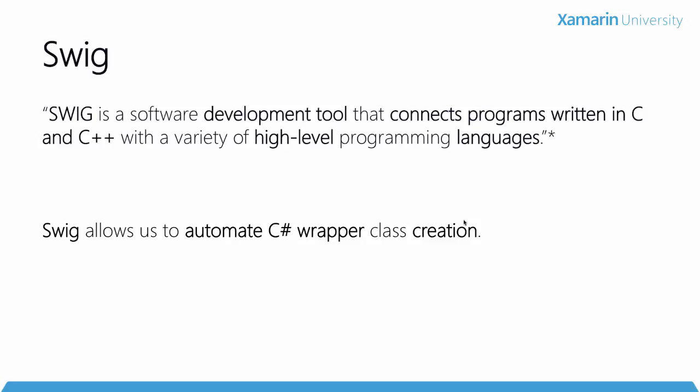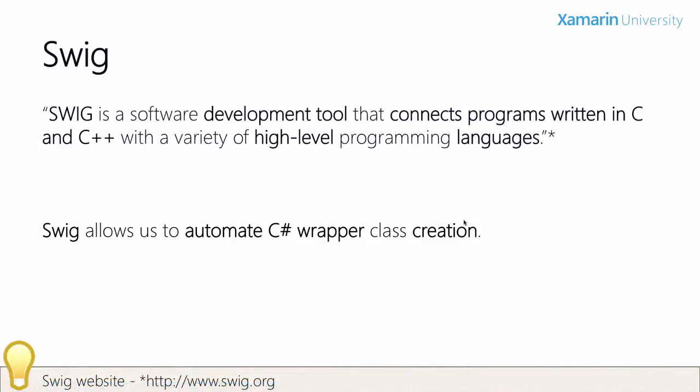Swig is a software development tool that connects programs written in C or C++ with a variety of high-level programming languages and is ideal to create the glue code we are looking for to call into existing C or C++ libraries. For more information, and you definitely want to get more information on Swig, visit the website at www.swig.org.